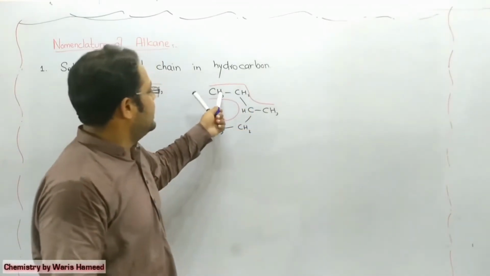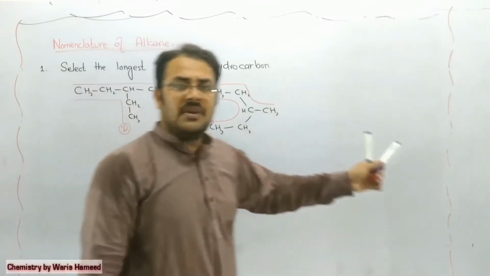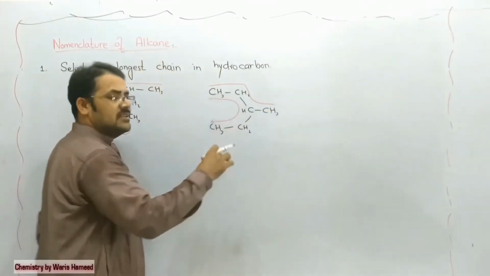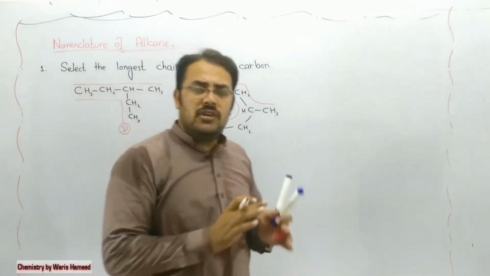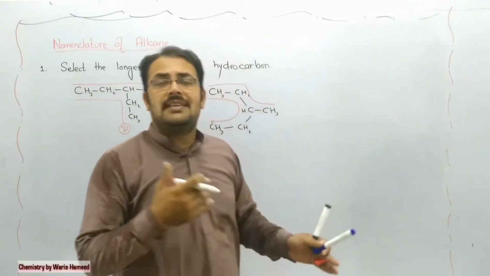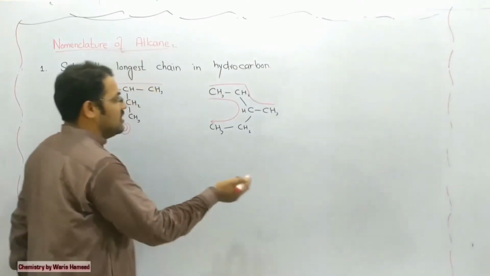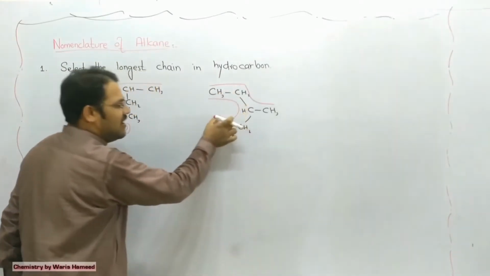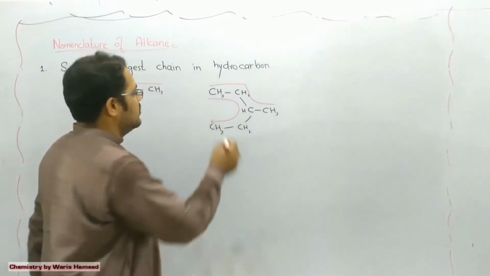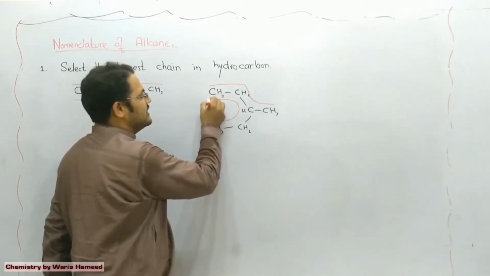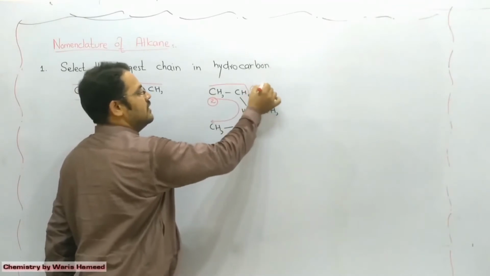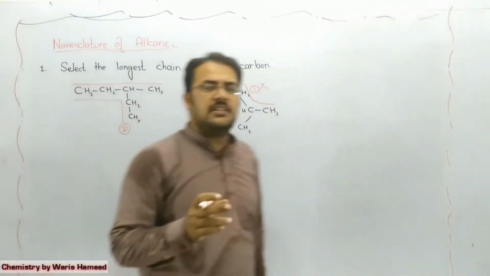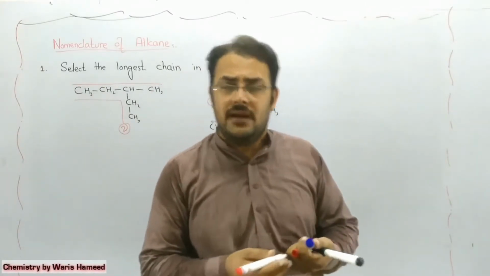In one case there are 4 carbons linked by catenation, and in the other 5 carbons are linked with each other, and we are ignoring whether the chain is straight or branched. Here there is a larger number of carbon atoms, so we will again prefer this chain. The first chain will not be selected as the parent chain; the second chain will be selected because it has the greater number of carbon atoms.